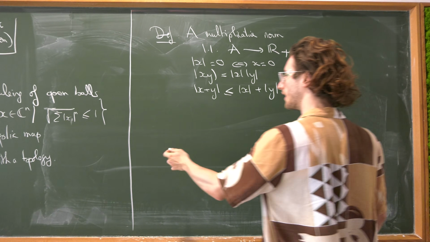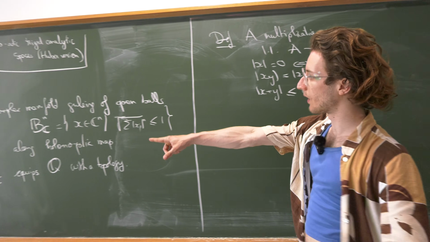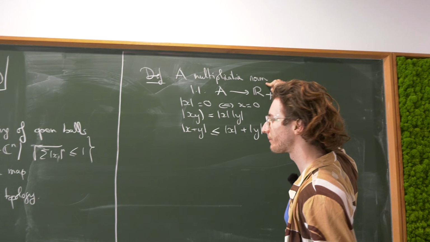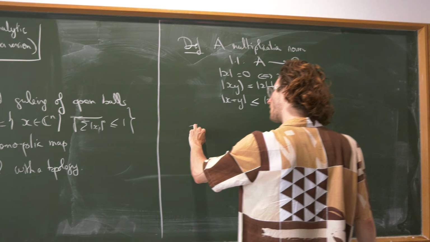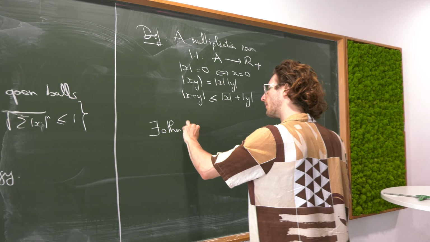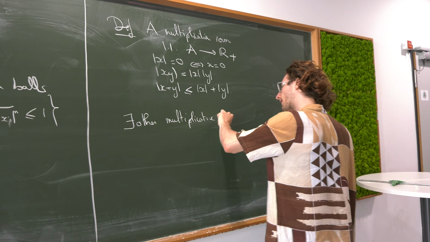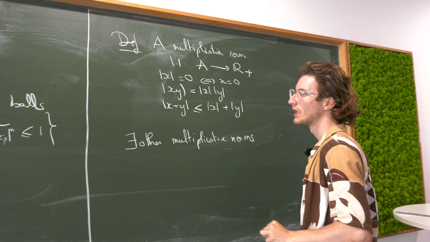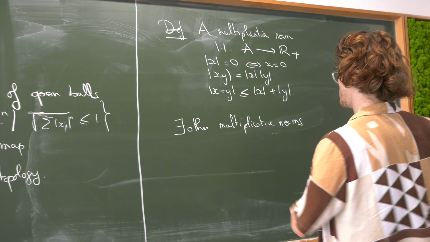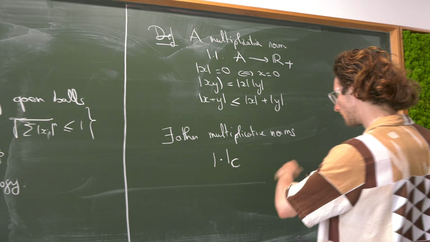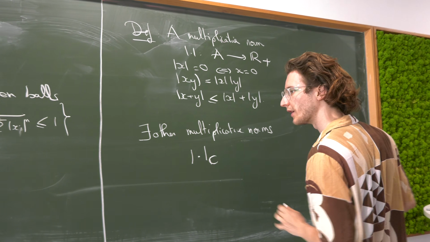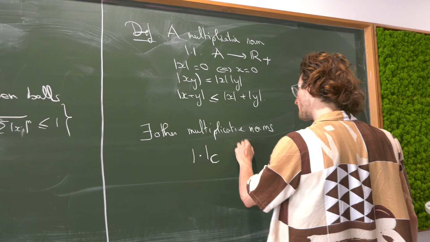So now what I'm claiming is that this equips Q with a multiplicative norm, right? But there are other multiplicative norms on Q.